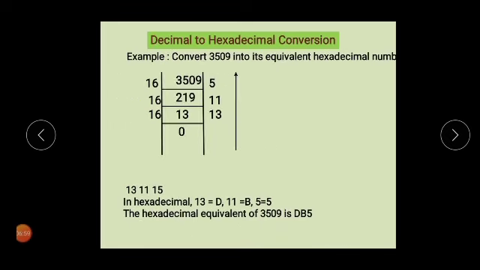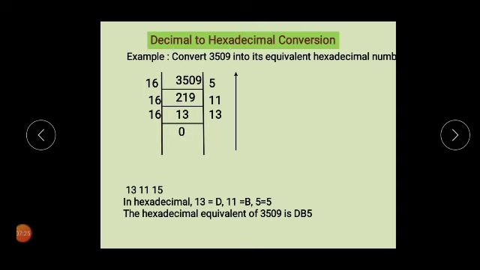The next comes decimal to hexadecimal conversion. Again, here 3509 is the decimal number given. For converting it into a hexadecimal number, as we did for binary, we simply divide the given decimal number by the base of that particular system. Here we are converting into the hexadecimal system, where the base is 16.